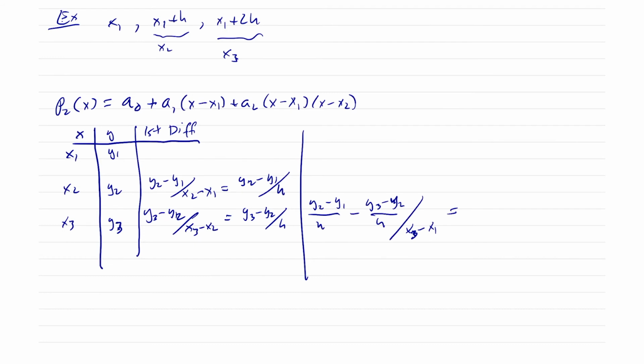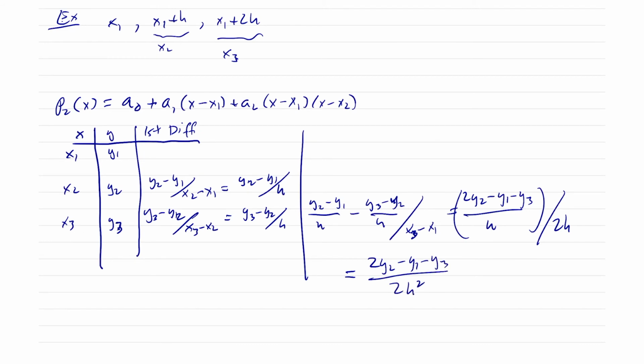Well, out of here we have y2, and we have another y2 here, and so it's going to be 2y2 minus y1 minus y3 divided by h here, and then this quantity divided by x3 minus x1 is going to be 2h. And so ultimately we have 2y2 minus y1 minus y3 divided by 2h squared.